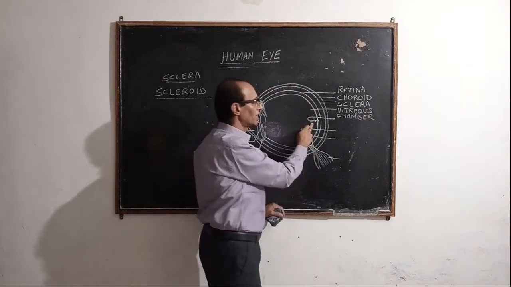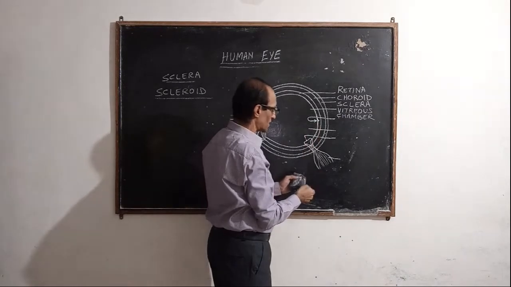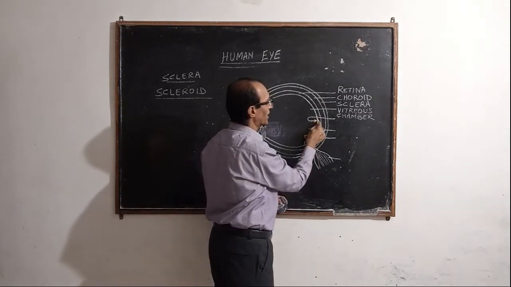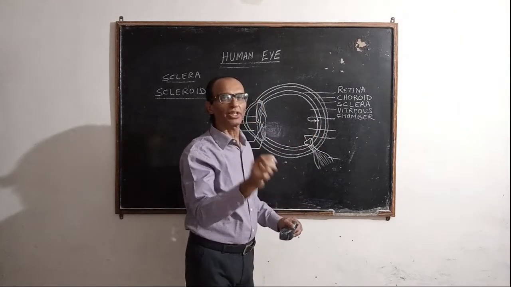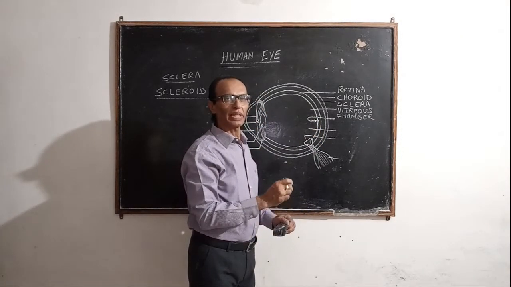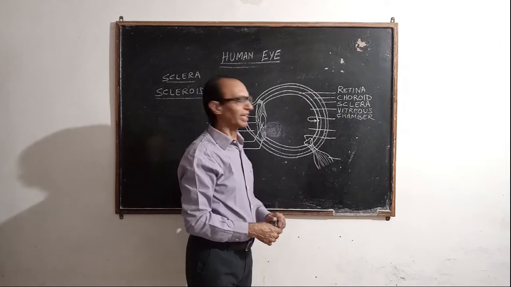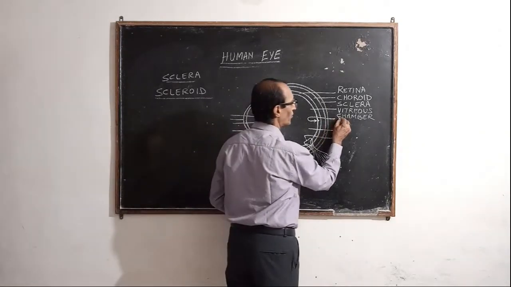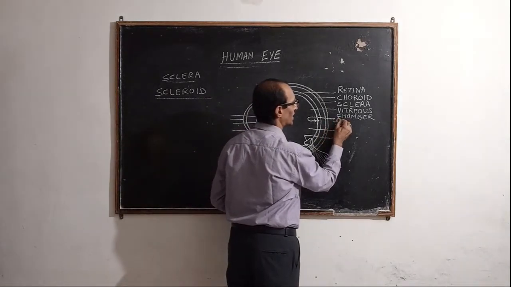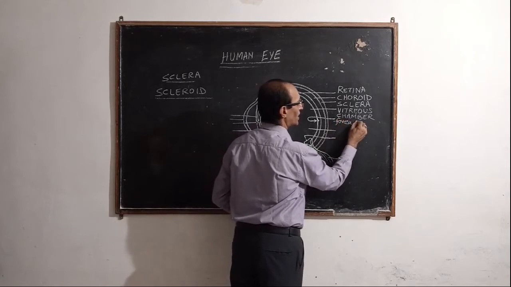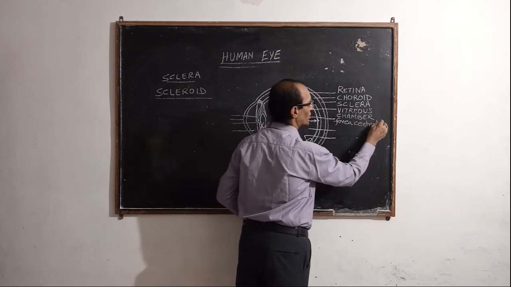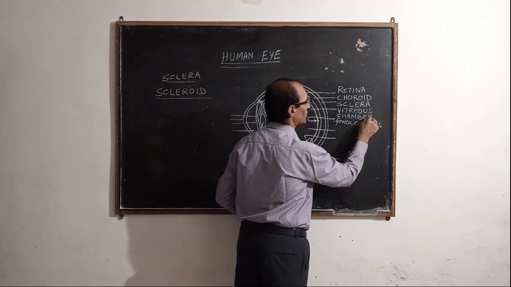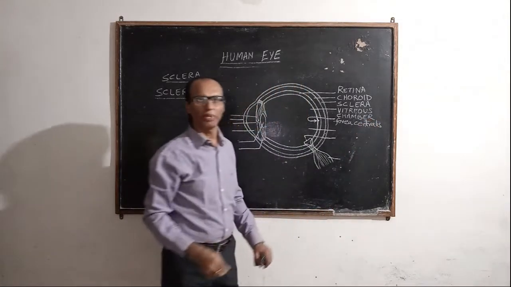This portion which is slightly bent inwards in the retina, that in fact is the region where the maximum distinct picture is formed. That is fovea centralis. I am writing it in italics. Fovea centralis. This is the point where a sharp image is formed.